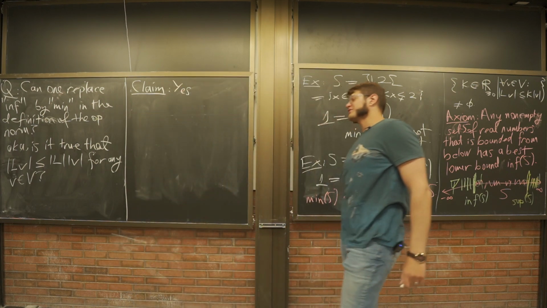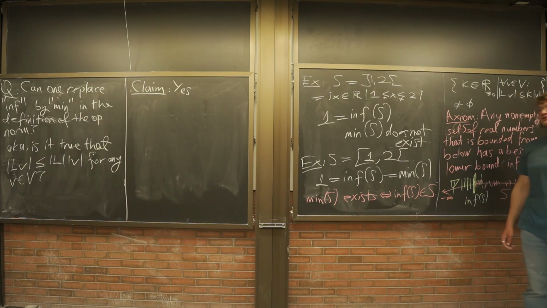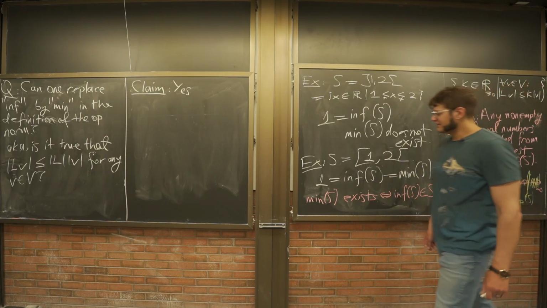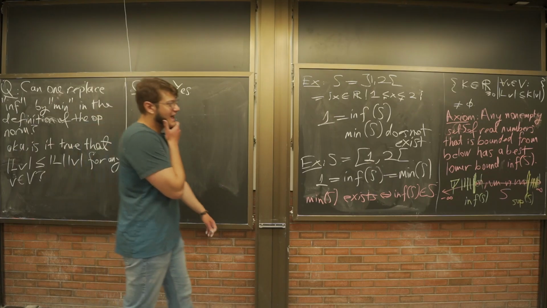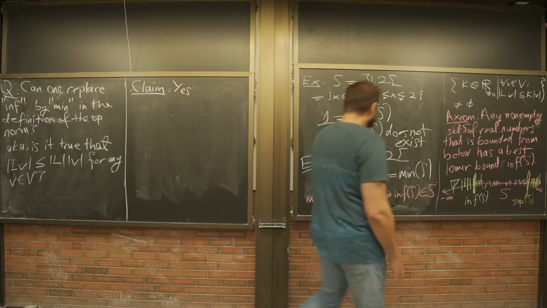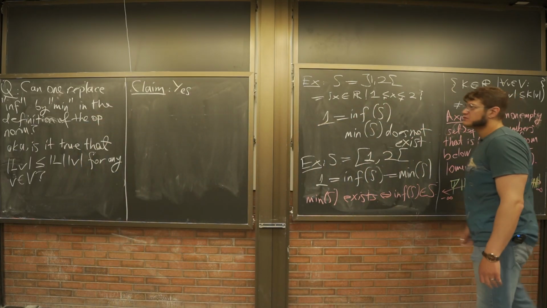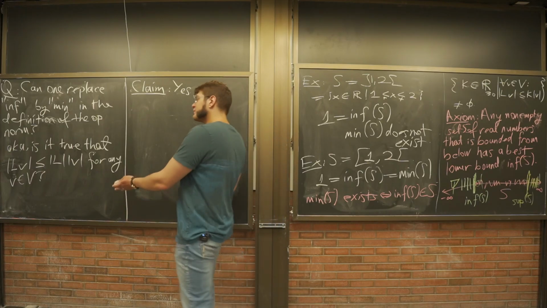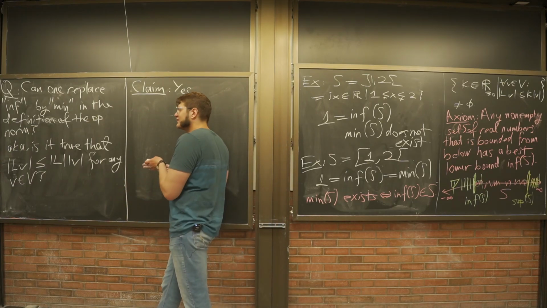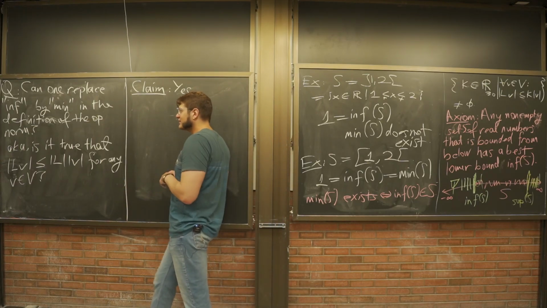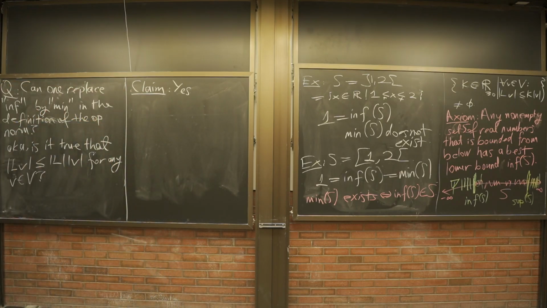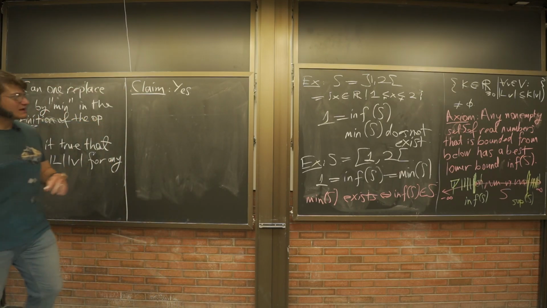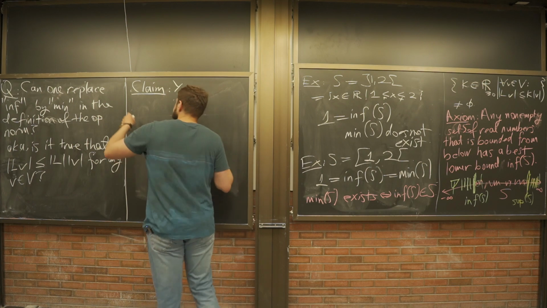So let's try to prove this. I was initially thinking of leaving this as an exercise, but as a recap of infimum and how to actually use these in proofs, let's try to prove this. This is something to be proven, okay? That's the first step to realize. You guess whether it's correct or false, and then you try to prove it. This is not an obvious statement, at least for our situation.